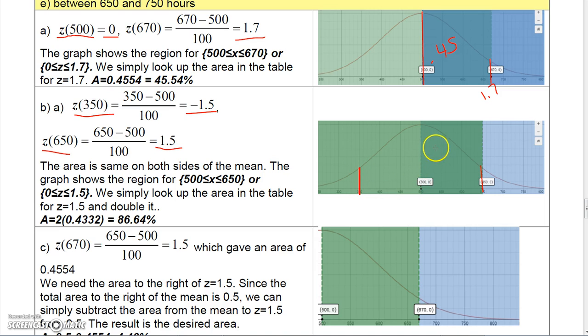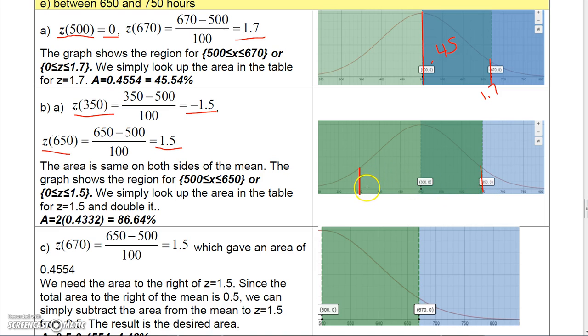What I really want is the area from here over to here. But if I just go to the curve and find the area between the mean and the Z-score of 1.5, that'll give me this dark green area. Then I can just double it to get the entire area from negative 1.5 to positive 1.5.